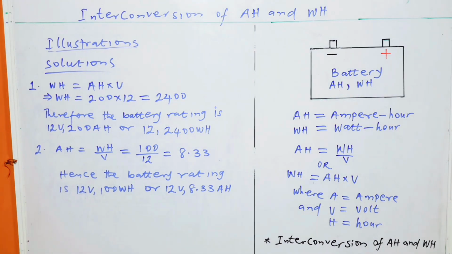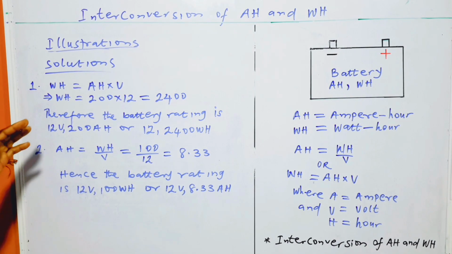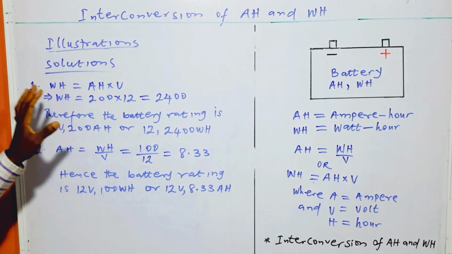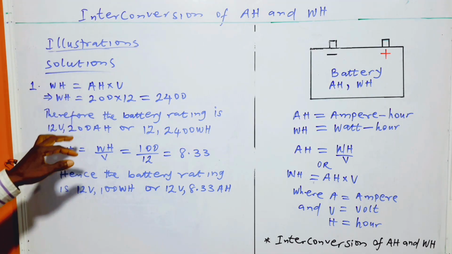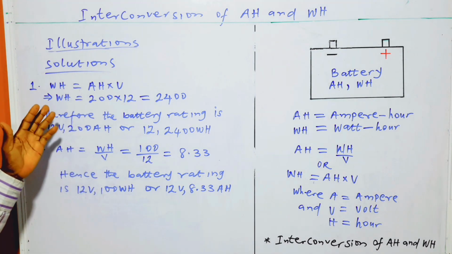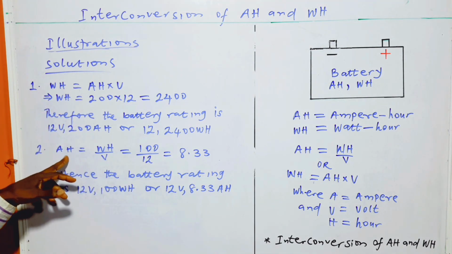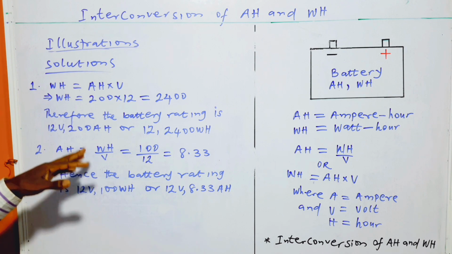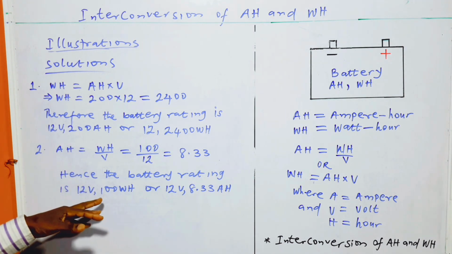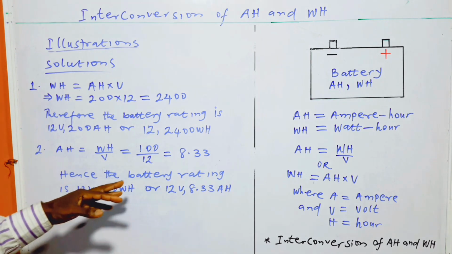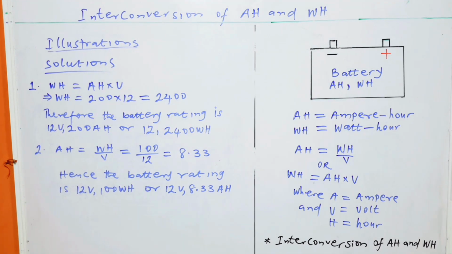Now, solutions to the illustrations. Number 1. The rating of the battery is given in ampere-hour, and we have to calculate its rating in watt-hour. In number 2, the rating is given in watt-hour, and we have to calculate the rating in ampere-hour.